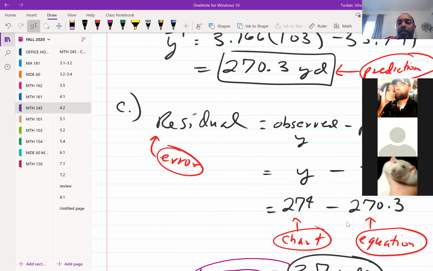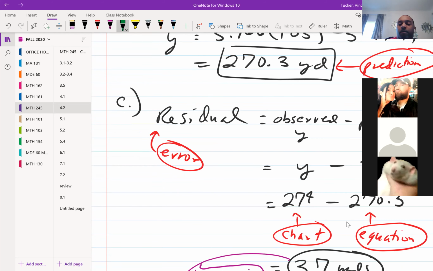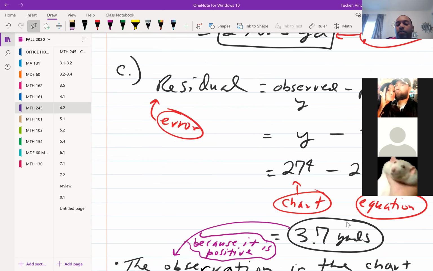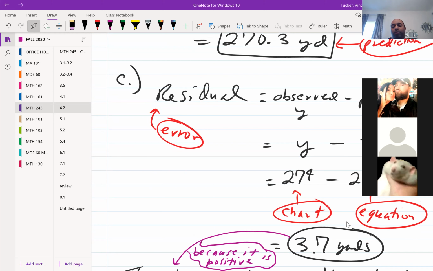So we'll go ahead and do our subtraction. 274 was the chart value. 270.3 was the equation value that we just got from 103. And that's 3.7 yards. So our residual would be 3.7 yards.